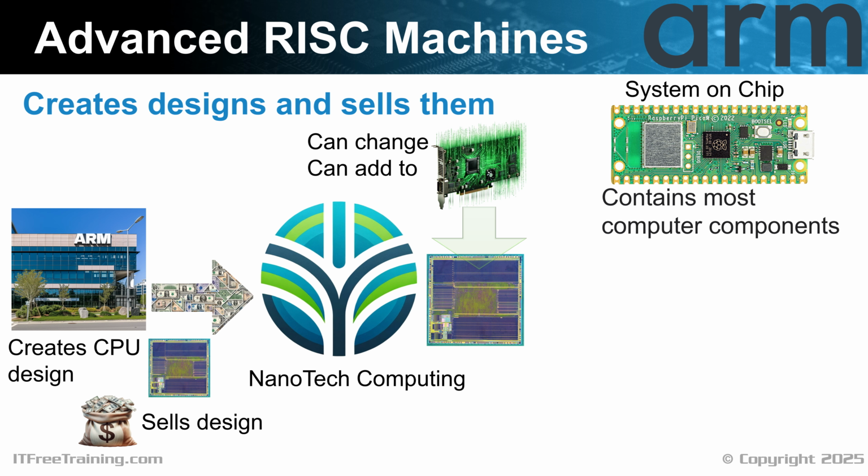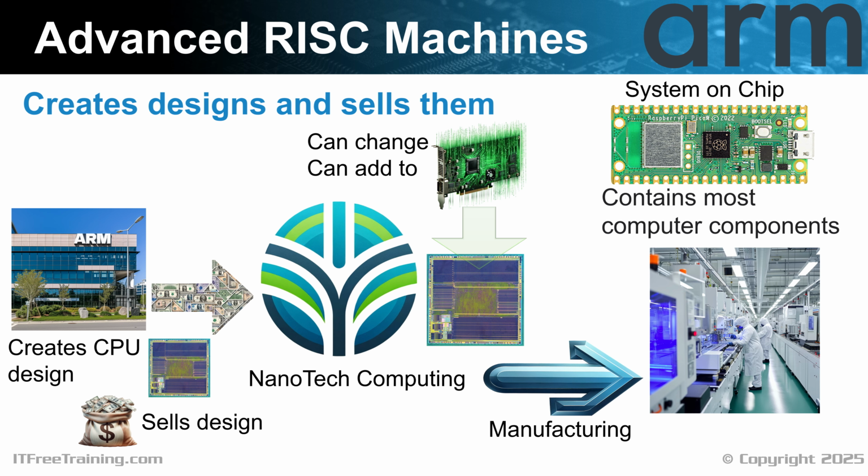The company then will need to have the CPU manufactured. Due to how difficult it is to make CPUs, there are not too many companies in the world that manufacture them. Even large companies like Apple don't manufacture their own chips. So now that we understand how these CPUs are made and what the designs are attempting to achieve, let's have a closer look at how the internals of these CPUs work.